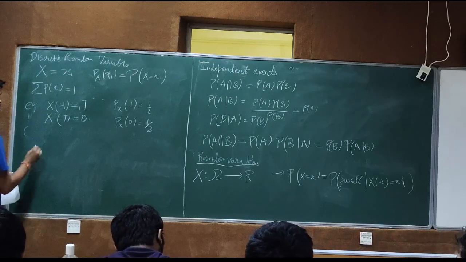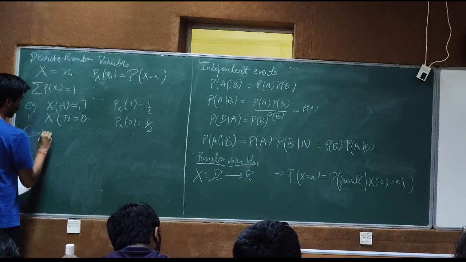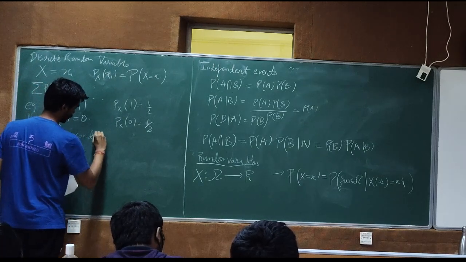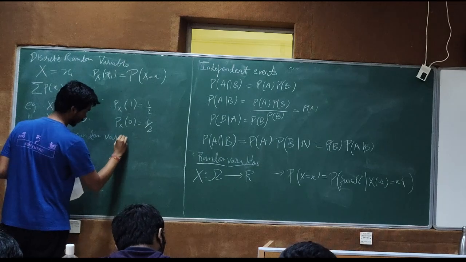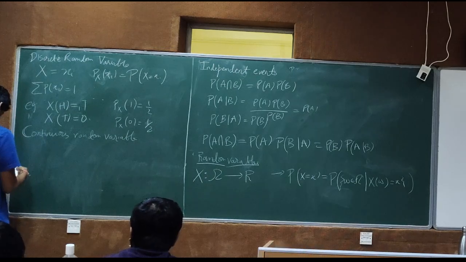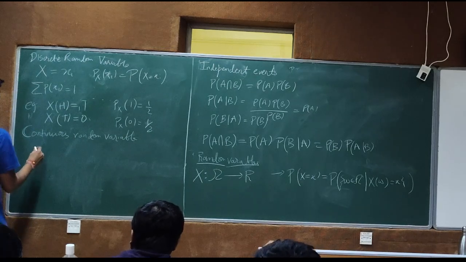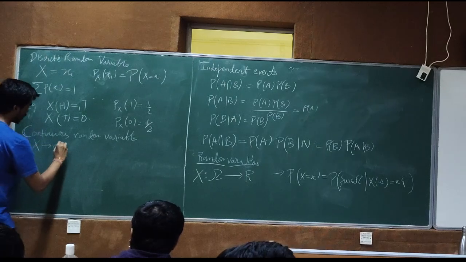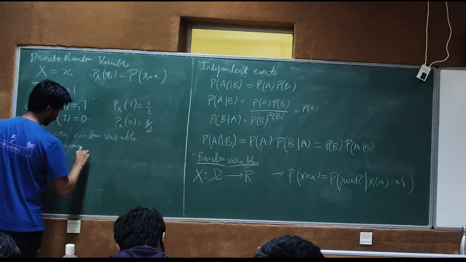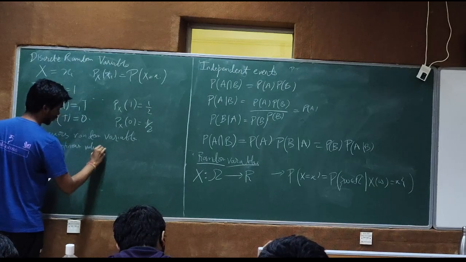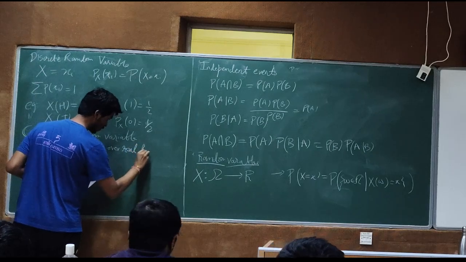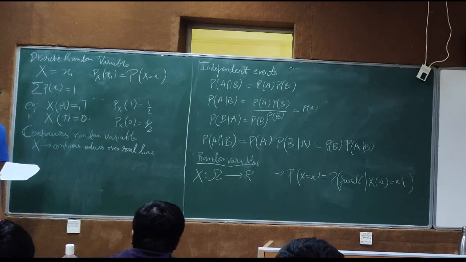The second type of random variable you can have is a continuous random variable. Here X can take continuous values over the real line.